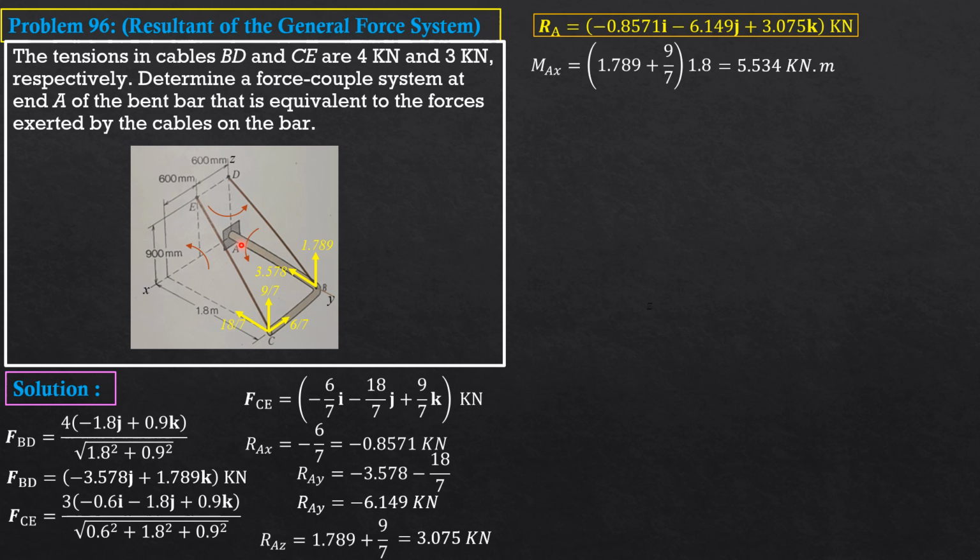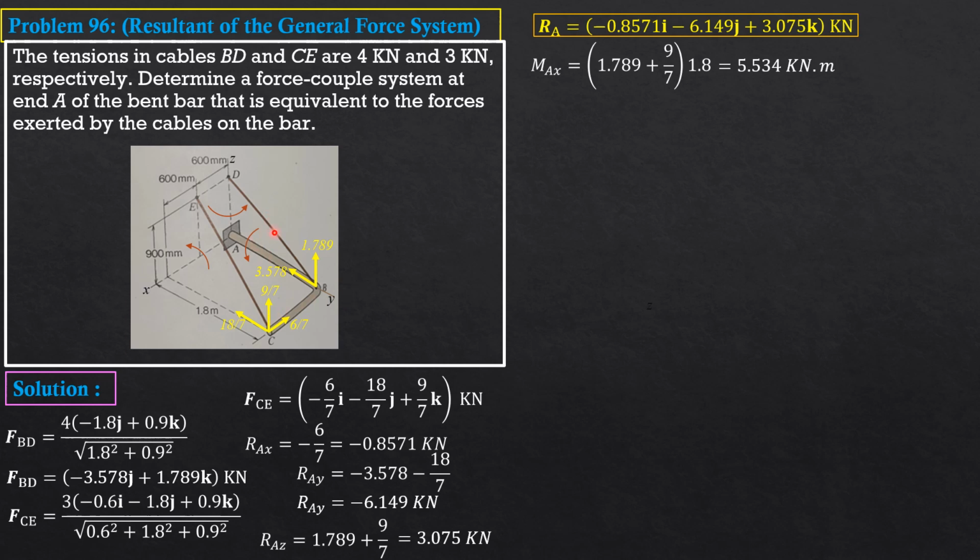MAY, because this is the y-axis, these force components will have zero moment about the y-axis because they are acting on the y-axis. 6 over 7 passes through BY, so 0. This is parallel to AY, so it has no moment contribution. Only 9 over 7 will have moment about AY.